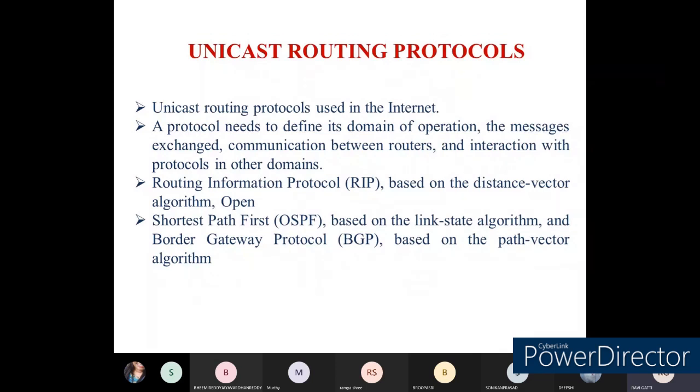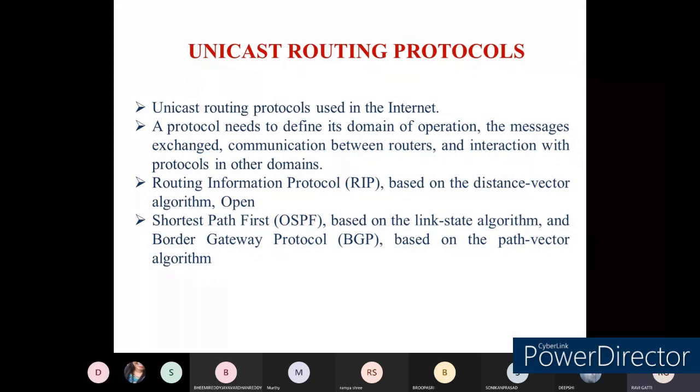The second one we call the Open Shortest Path First algorithm. It is based upon the link state routing algorithm which we have studied. And one more we are going to study is the Border Gateway Protocol. By using these three protocols, we are able to establish routing of packets over the internet.